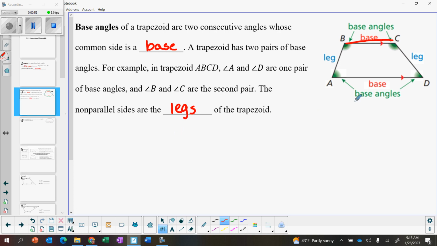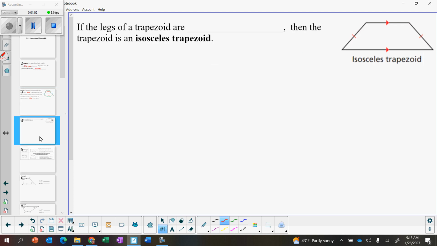Now, trapezoids in general don't have to have any sides congruent, but there is such a thing as an isosceles trapezoid. So if the legs of the trapezoid are congruent, then the trapezoid is an isosceles trapezoid.